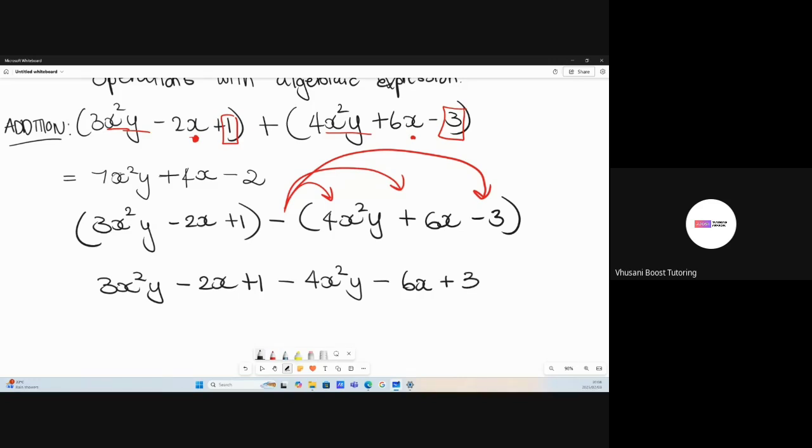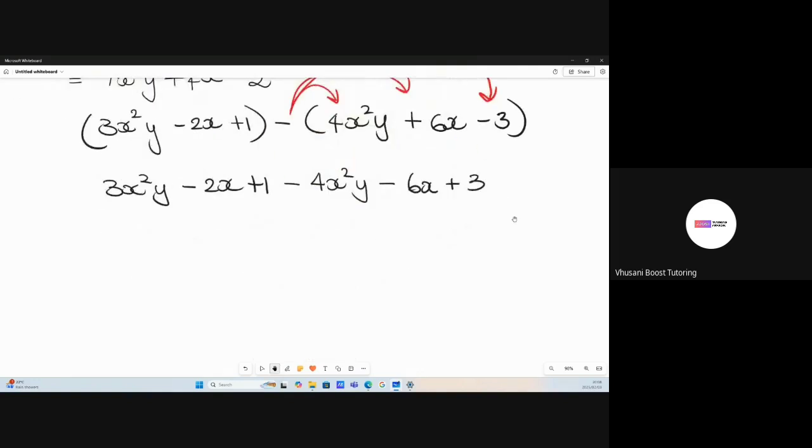Now you can add the common terms. 3x squared y minus 4x squared y is negative x squared y. Then negative 2x minus 6x leaves us with negative 8x. Then 1 plus 3 is a positive 4.